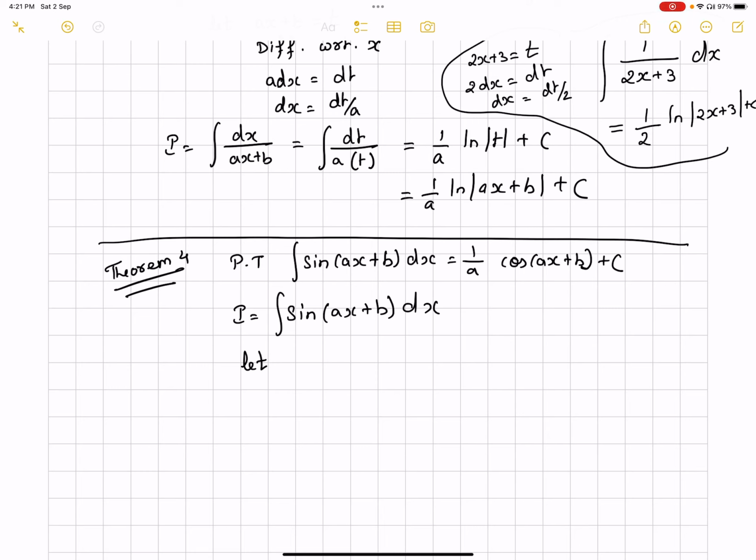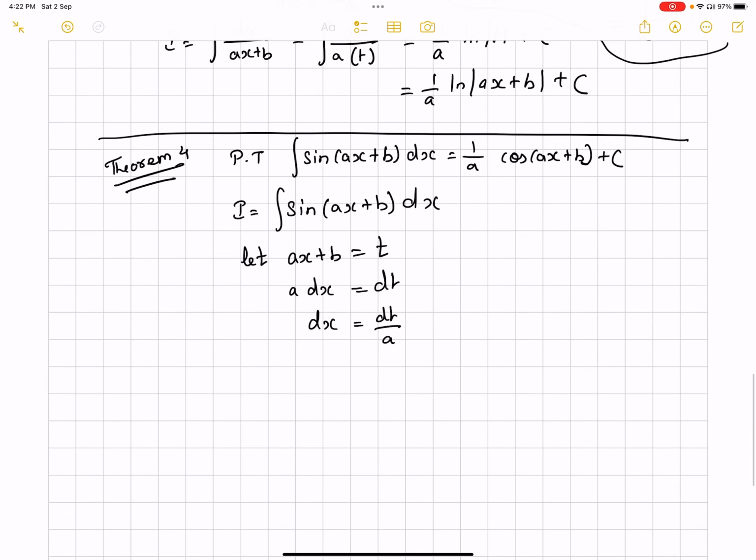That is going to be my substitution. So let ax plus b is equal to t. And then when I differentiate both the sides with respect to x, I would be getting a dx is equal to dt. And then dx is equal to dt divided by a.